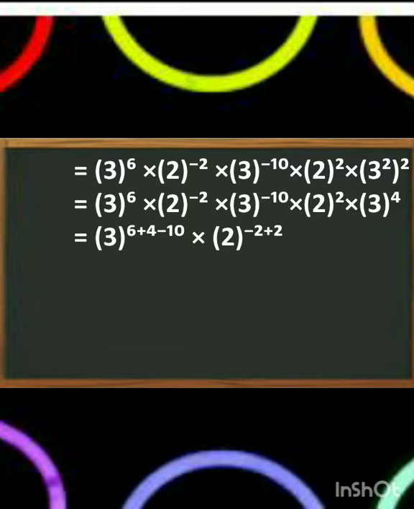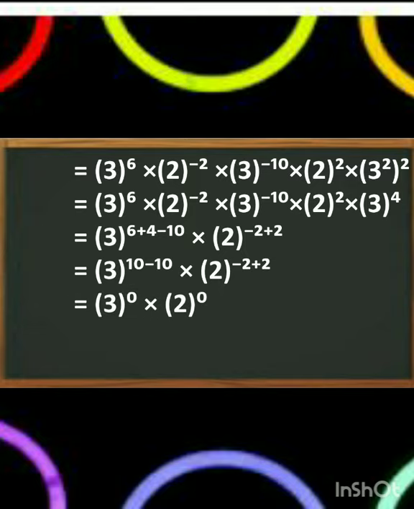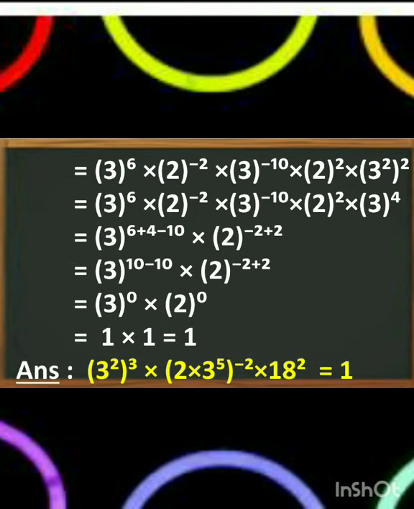That equals 3 power 6 plus 4 is 10, 10 minus 10 is 0. And 2 power minus 2 plus 2 is 0. So 3 power 0 into 2 power 0. Anything power 0 is 1, that already we have learnt. So 1 into 1, that is 1. Therefore, the answer is 1.